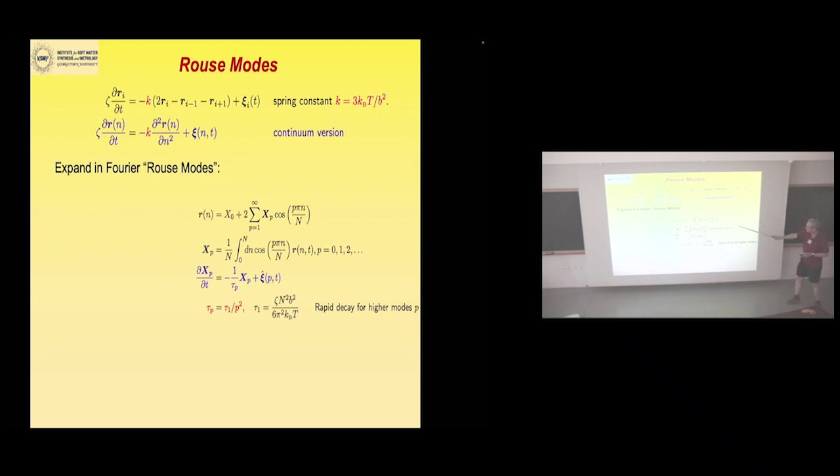Then I go through, and once you've gone through that, you get a super simple equation. What this does is it turns this derivative into, each time you take a d by dn, you've pulled out a p, and so you get Rouse modes whose spectrum depends on the mode number, plus some noise.